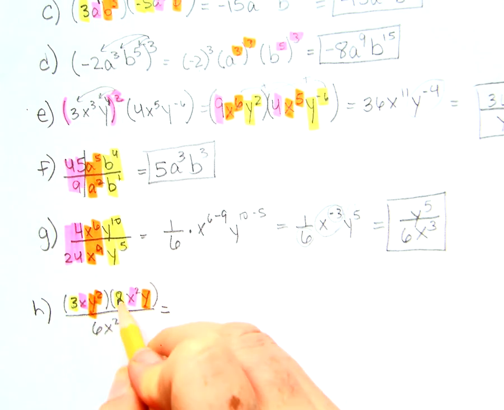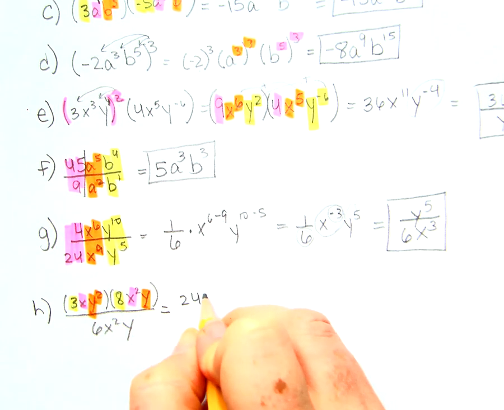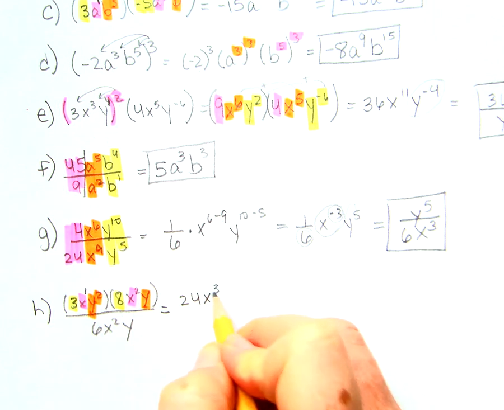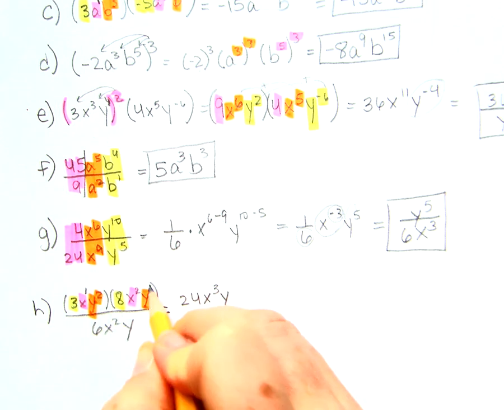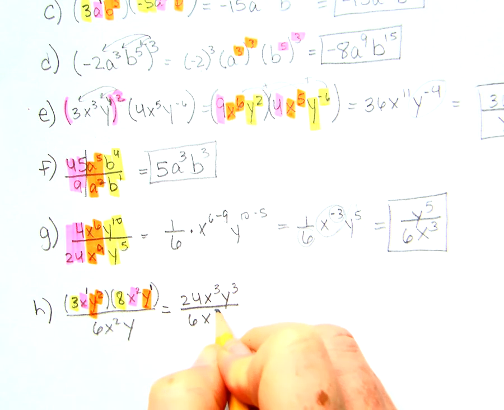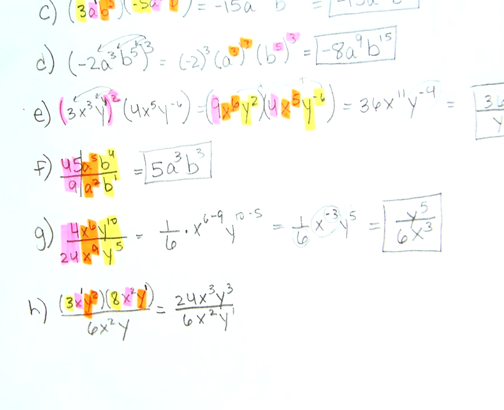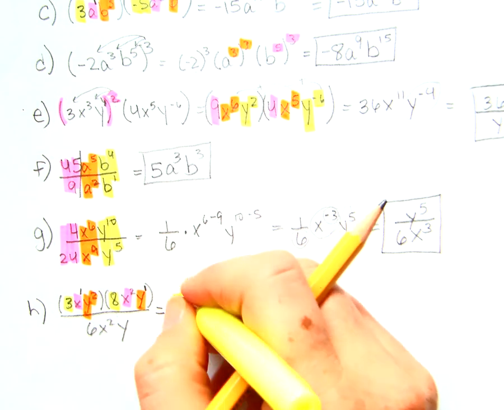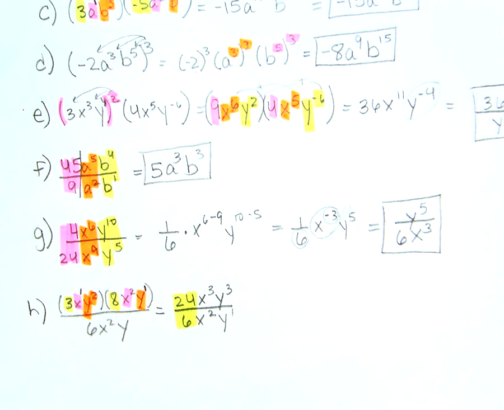So 3 times 8, that's 24. X to the 1 plus 2, which is 3. Y to the 2 plus 1, which is 3. Over 6x squared y. And then I separate again. I divide 24 by 6, just like normal.